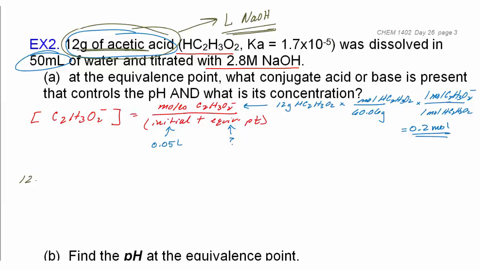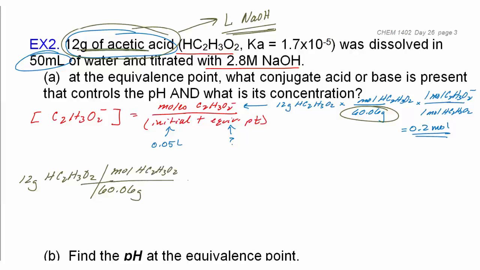It's all going to get reacted up. Right? And I have 60.06 grams in a mole of this acetic acid. And they're always reacting 1-to-1 with our base, all monoprotic acids.